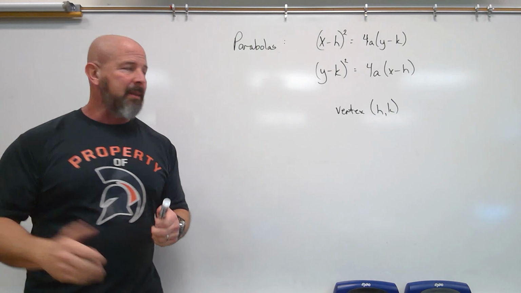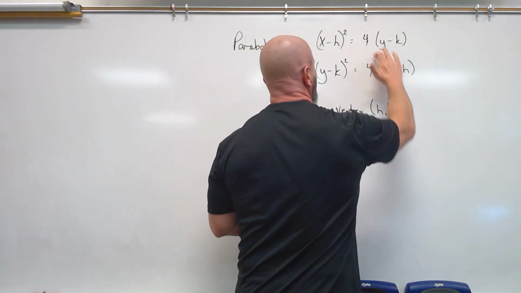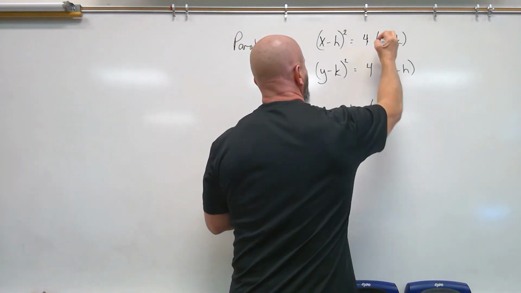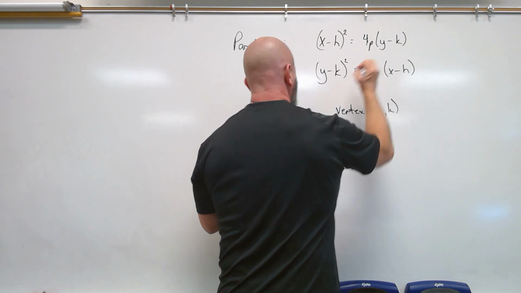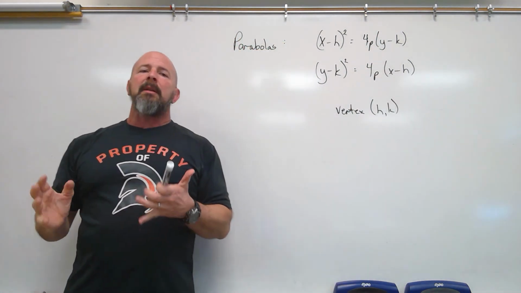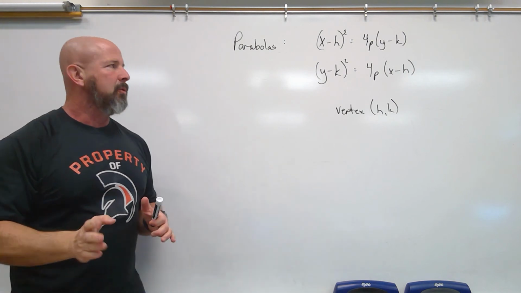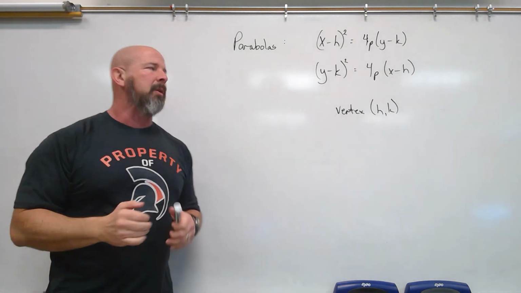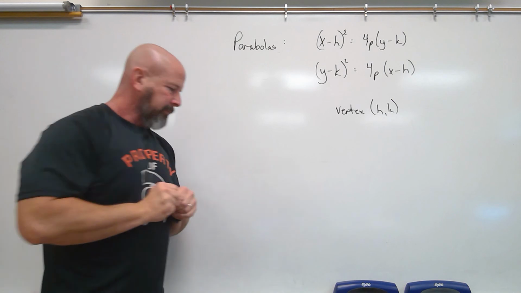If there was a P there, which sometimes we will see in a general form, it still means the same thing. P would be the distance from vertex to directrix, vertex to focus. It's referring to a distance.